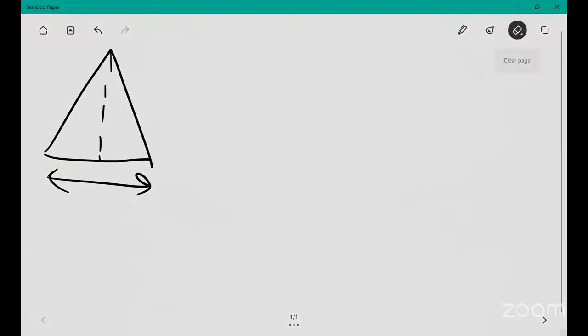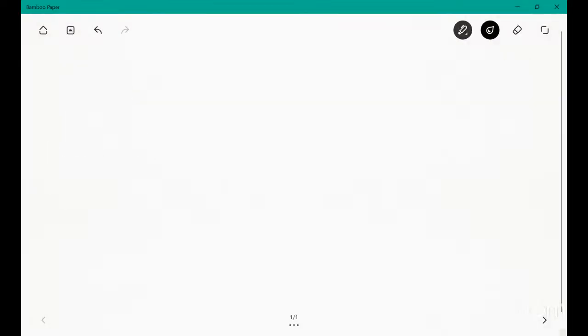Another important thing that you have to know is that the length that you take is the slanted length. So here, if you take this figure like this, it's this length here.